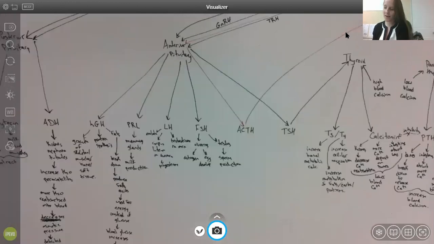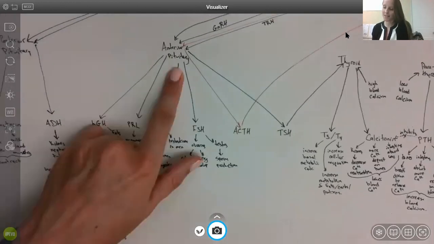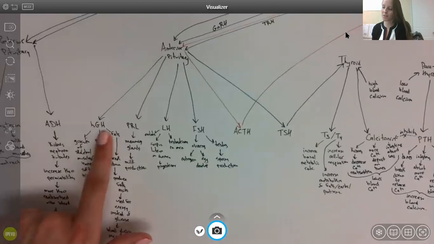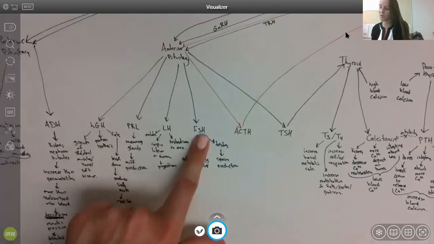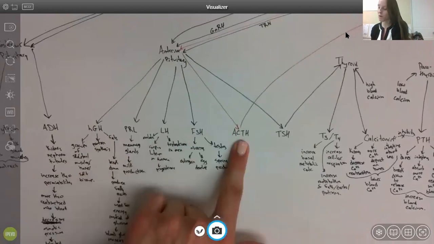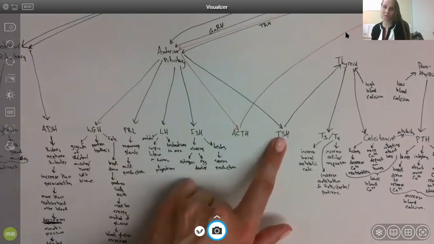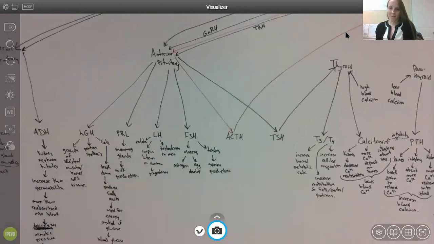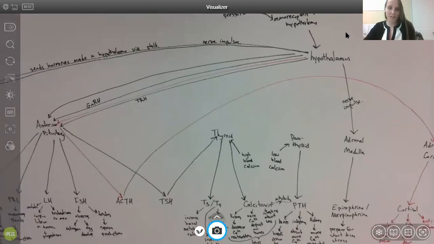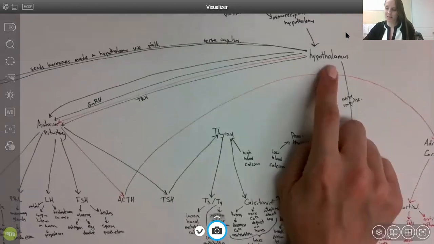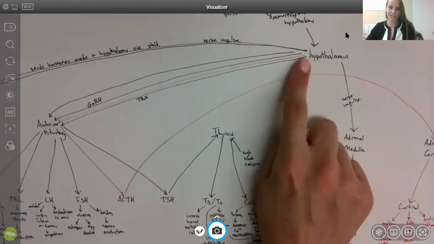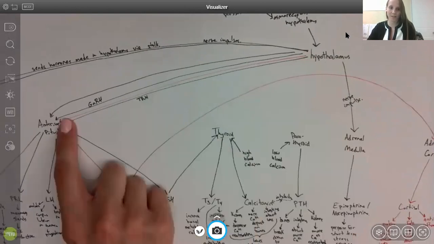Then we have our anterior pituitary, which makes HGH, prolactin, luteinizing hormone, follicle stimulating hormone, adrenocorticotropic hormone, and thyroid stimulating hormone. Again, the hypothalamus is in charge of all of these being secreted. So the hypothalamus sends down its releasing hormones to the anterior pituitary.